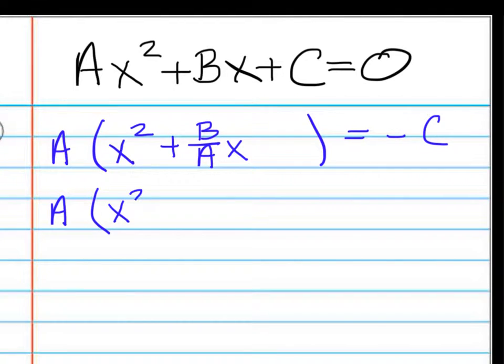We have x squared plus b over a x. Half of b over a, remember we could cut the numerator in half or multiply the denominator by 2. I'll multiply the denominator by 2 and come up with b over 2a, and then square that to get b squared over 4a squared.